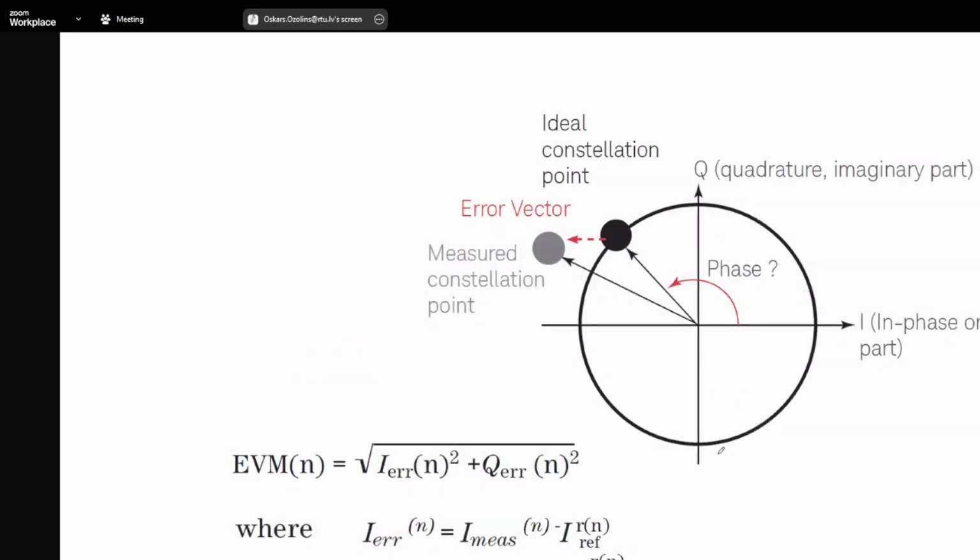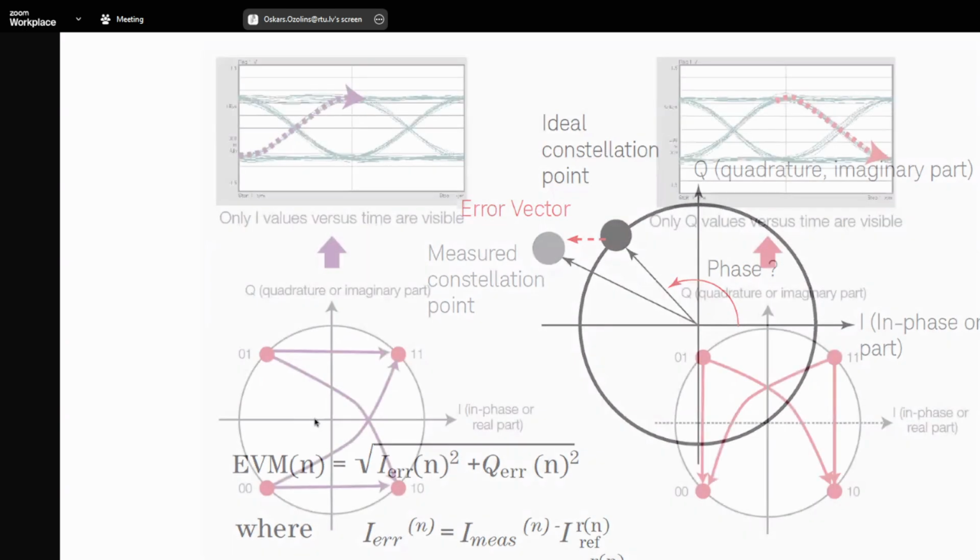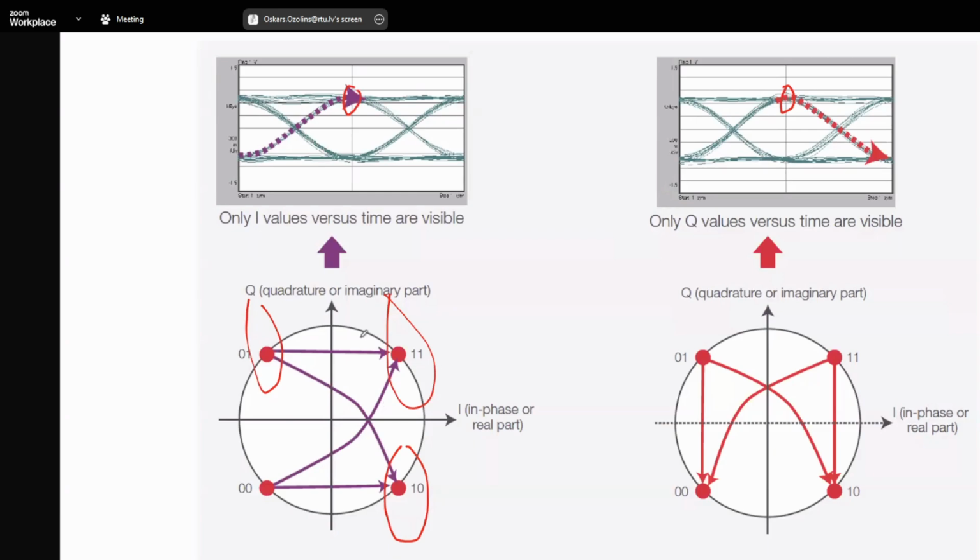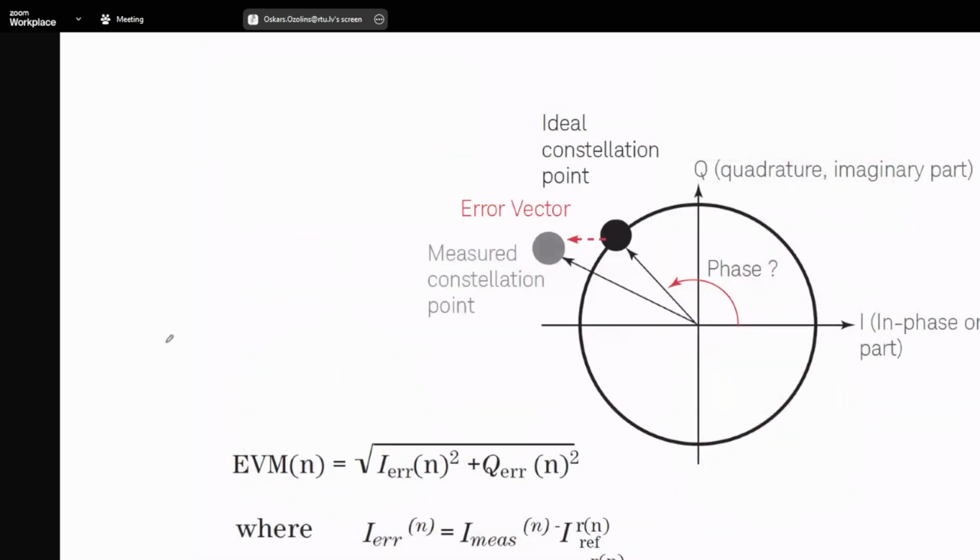Right. Then there is one important parameter. I was talking about these constellation points being damaged or not damaged, or just expanded. So there needs to be a metric which is not only bit error rate but still is a quantitative value.